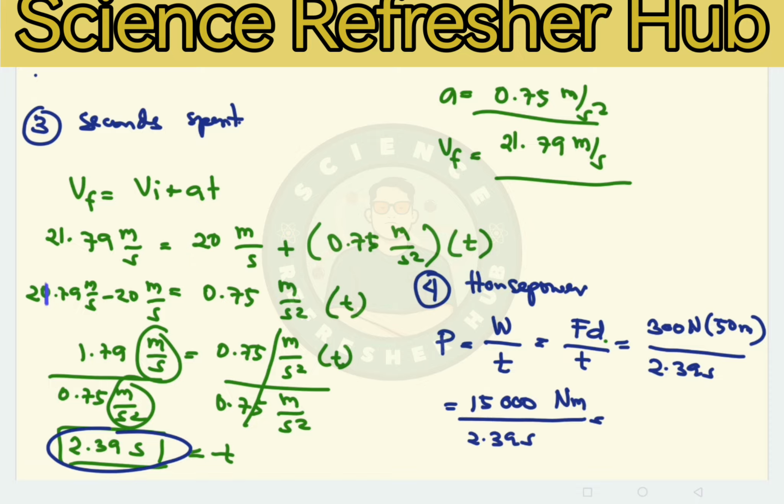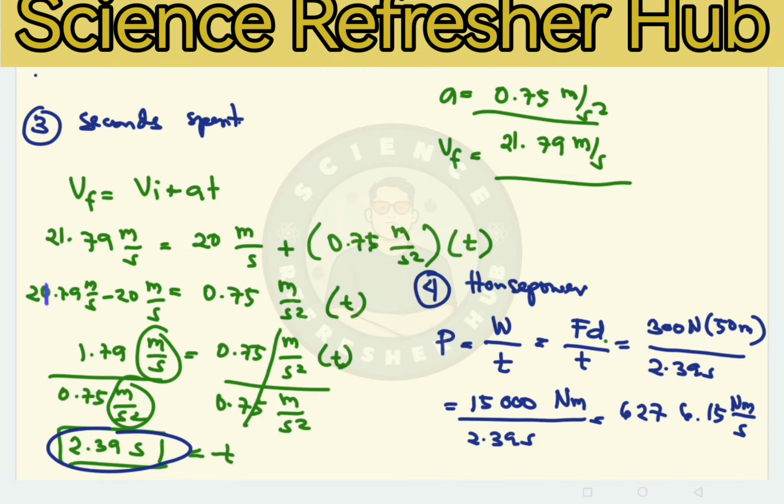Let's divide 15,000 by 2.39 seconds. The answer is 6276.15. The unit is Newton meter per second, or watts, or joules per second.